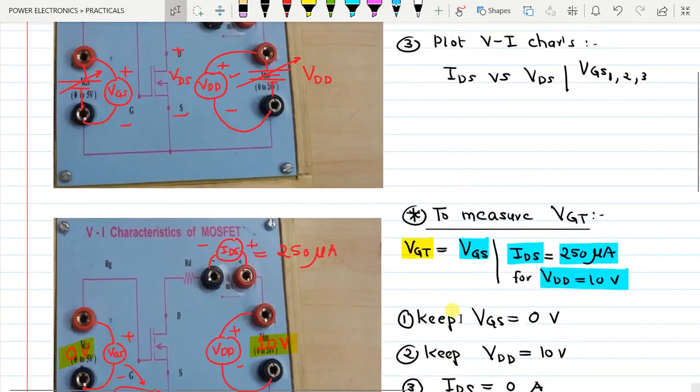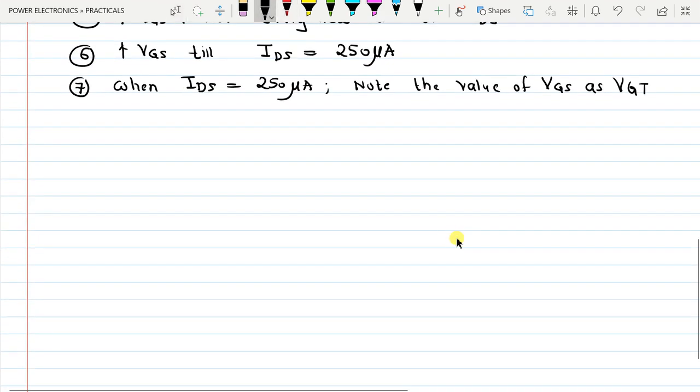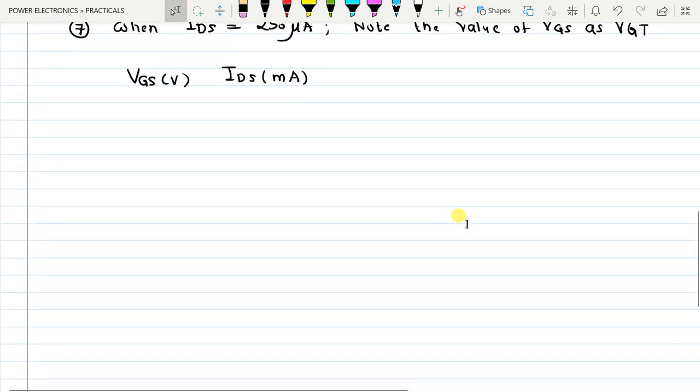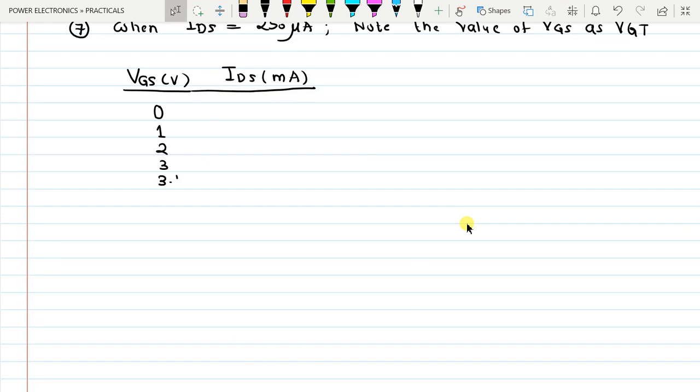Students, now the observation table for this bit becomes something like this: VGS in volts and IDS in milliamperes. As we have told, you have to increase VGS in steps of 1 volt from 0 to 3 volts, so 0, 1, 2 and 3, and beyond 3 it is 0.1 volts, say 3.6 up to 4.0, and every new value of VGS you have to note.